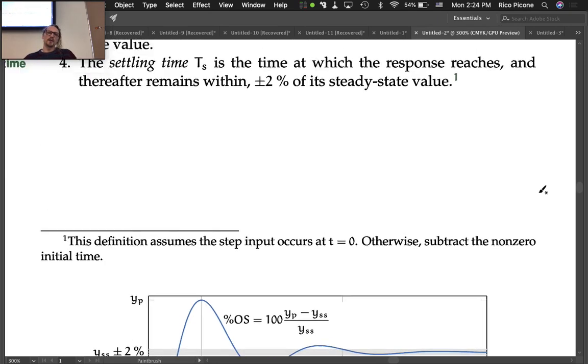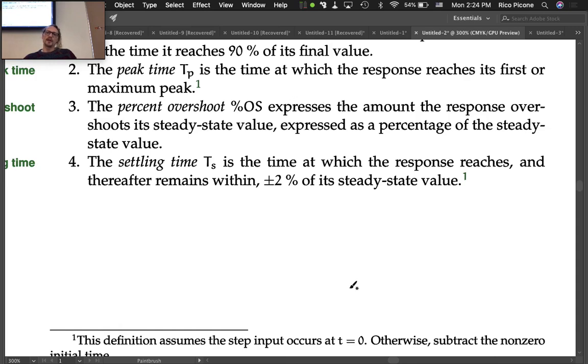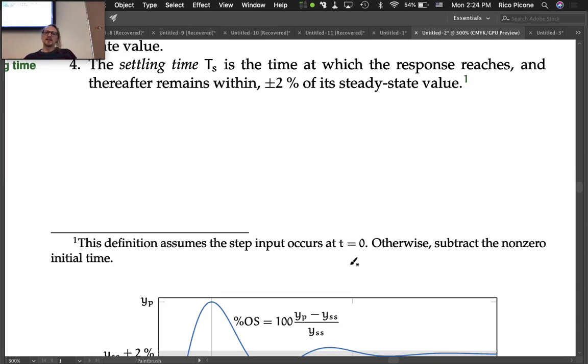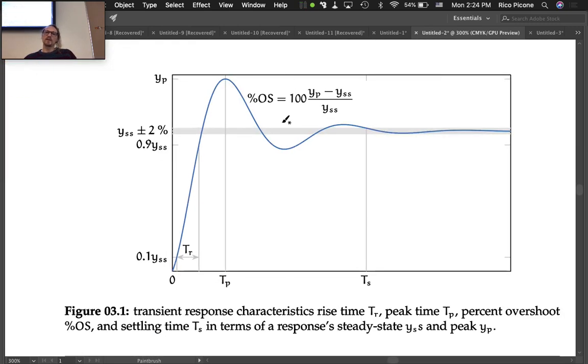So we've got those two, and then the last two are actually the ones that are used the most. So the percent overshoot is the next one. It expresses the amount the response overshoots its steady state value, expressed as a percentage of the steady state value. So this is the formula. We take the YP, which is the peak here, so YP is the Y peak.